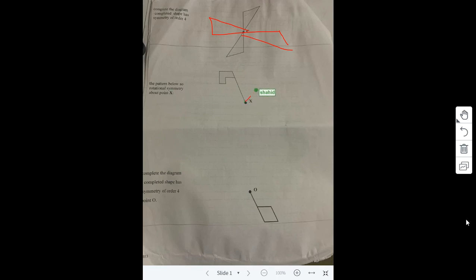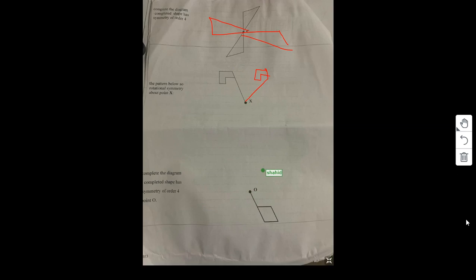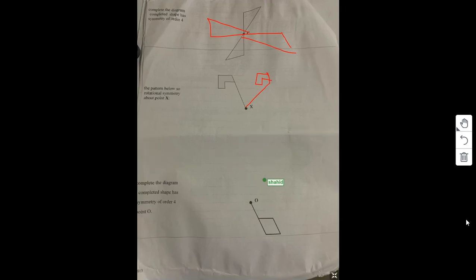So by four, it means it's going this way, four times, one here, one here. I'm just double checking. So this one is also the same. I'll quickly upload the second page, and then it'll make more sense.